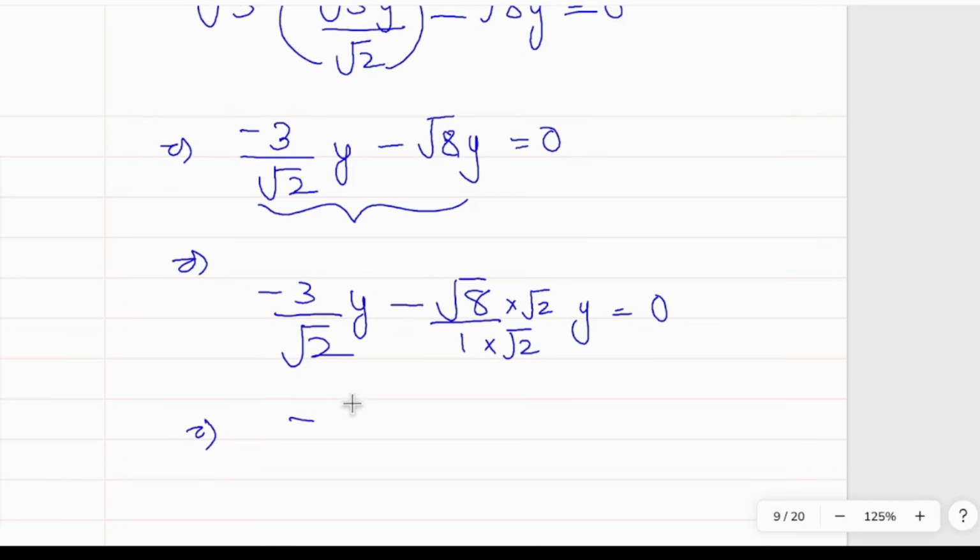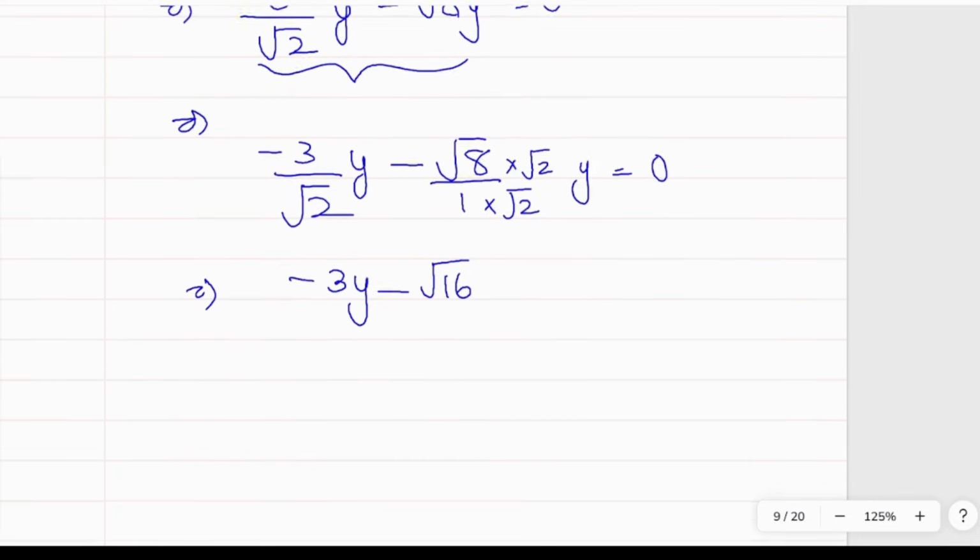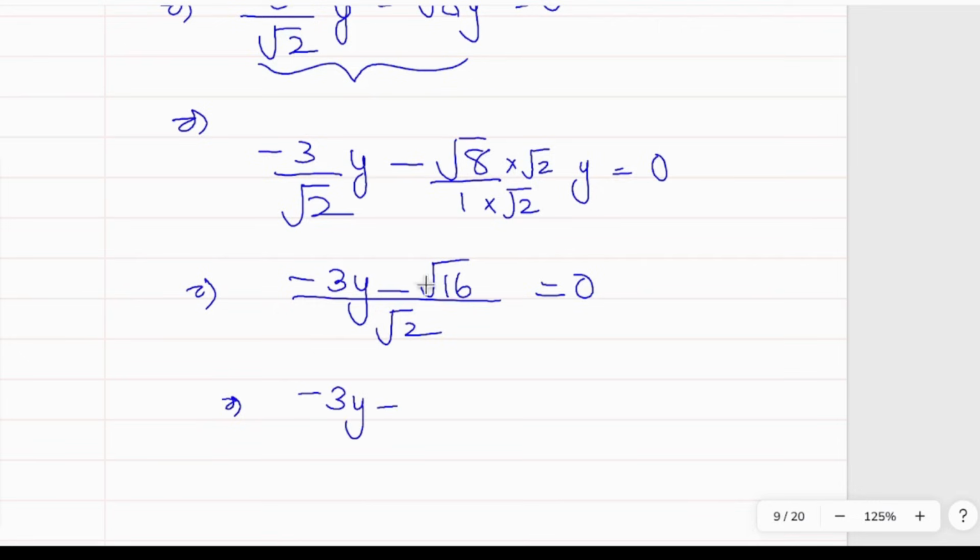Which is equal to minus 3y minus root 16y, because root 8 into root 2 is equal to root 16, the whole divided by root 2 equal to 0. Minus 3y minus root 16y means, root 16 is 4, so minus 4y, divided by root 2 equal to 0.